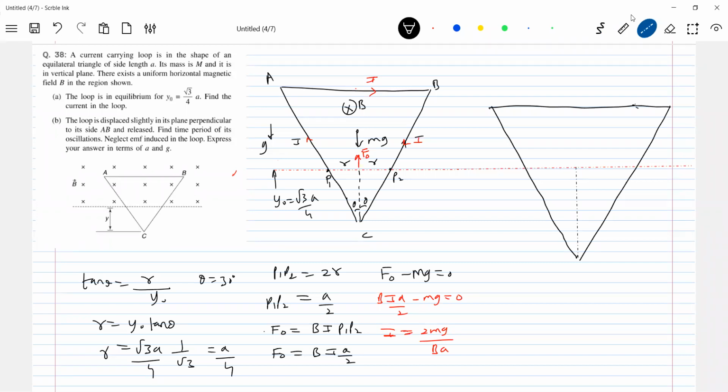So Y naught plus y, let the displacement be. Proportionally, what will happen to that R? R will increase, no? So let me write this as r plus x. So what is the additional force that will act here now?